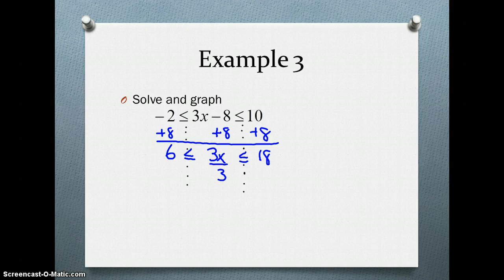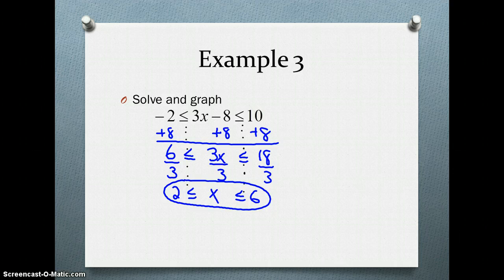But again, if I divide this middle by 3, that means I have to divide the left by 3 and the right by 3. So I divided all three spots by 3. I get 2 is less than or equal to x is less than or equal to 6. So there's my inequality. Compound and inequality.